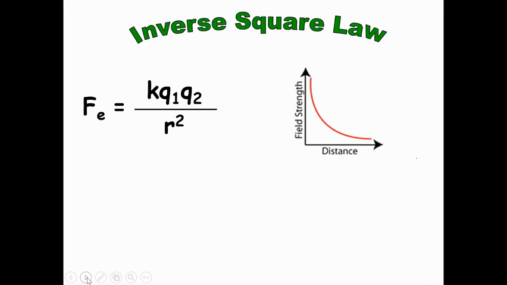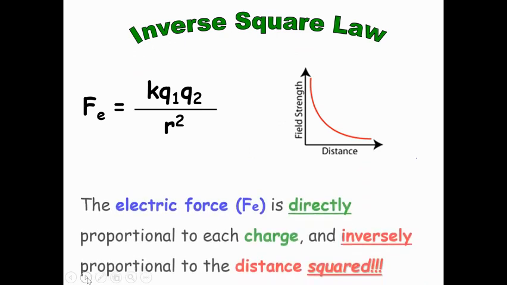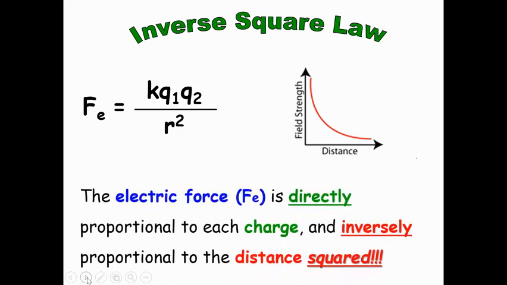It's the graph of y equals 1 over x squared, where the field strength or the electrostatic force is inversely proportional to the distance of separation squared. This is the inverse squared law.